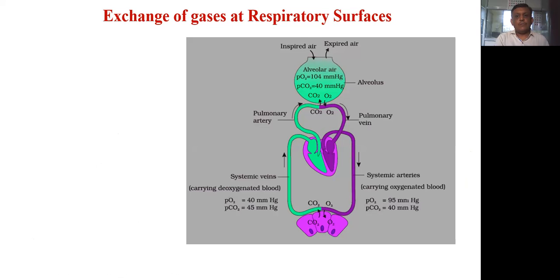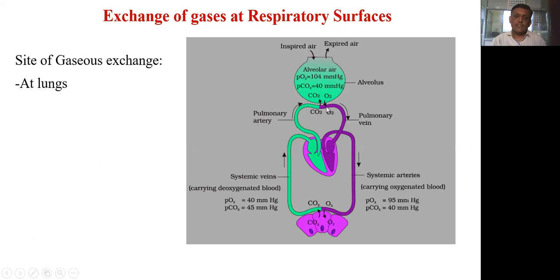Now let us have a look at the sites of gas exchange inside the human body. In general, in human bodies, the exchange of gas takes place at two sites. The first site is at lungs level, that means at the alveolar level. So this one in the diagram, this upper side, is the site of exchange of gas at alveolar level.